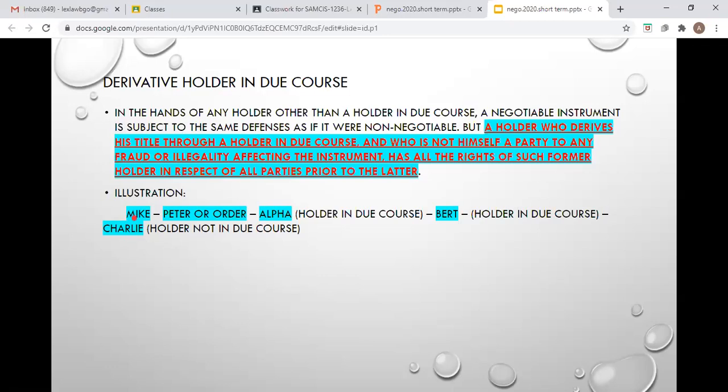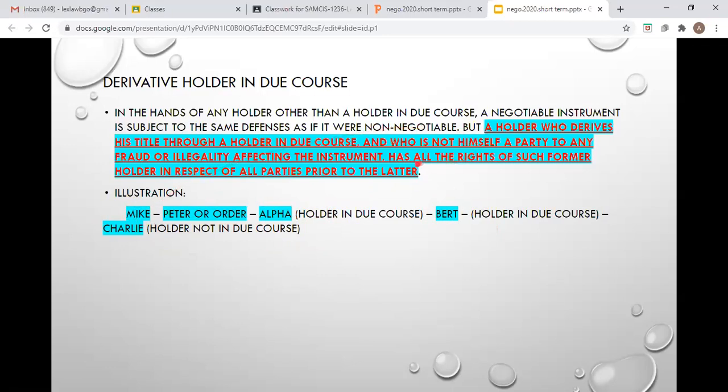That's why Mike cannot raise such defense. Peter too cannot raise such defense. Alpha too cannot raise that defense. Why? Because the rights of Charlie is the same as the rights of Bert insofar as parties after Bert such as Alpha, Peter, and Mike.